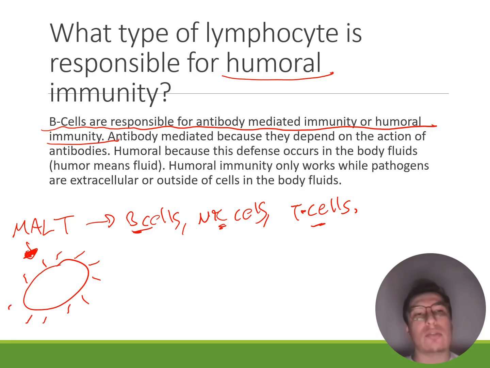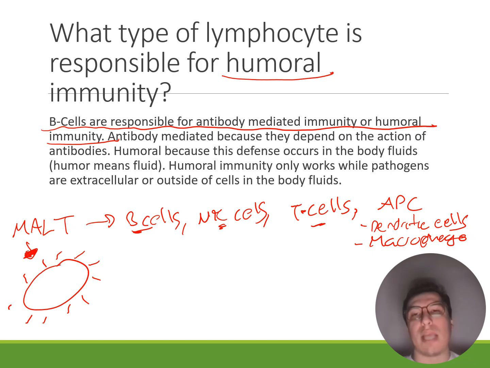we're going to add to this amount antigen presenting cells. And within those antigen presenting cells, we have dendritic cells, we have macrophages, we have Langerhans cells, which are actually specialized, and we have B cells.